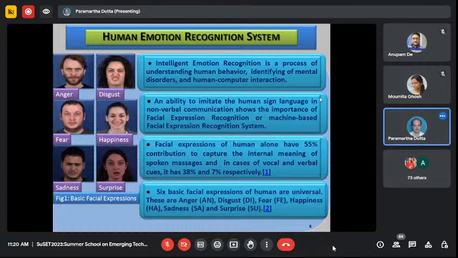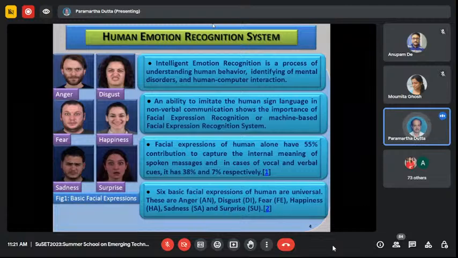So, looking from the perspective of a system, after all, we are dealing with a system. Essentially, it's a recognition system, and what does it recognize? Basically, human emotion recognition systems.